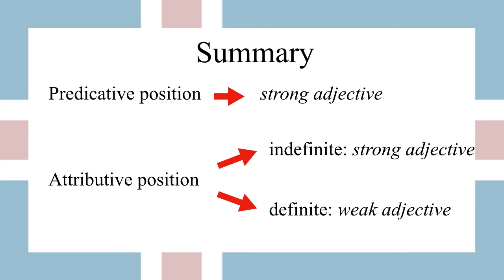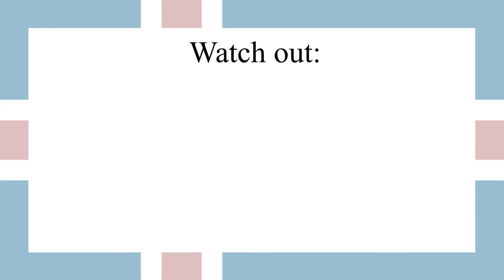Now, before this video ends, there are two things that I wanted to tell you to watch out for. I meant to mention them earlier, but I'll just have to mention them now because I forgot. The first one is I mentioned that usually the adjectives in attributive position are right next to the noun they describe, whereas in predicative position, they're usually separated by the verb. But they don't actually need to be separated. For example, in this sentence, bókin góð.